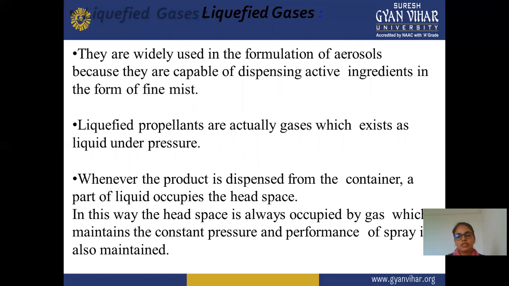Due to this fine mist form, it can easily show its effect. Liquefied propellants are actually gases which exist as a liquid under pressure. Means these liquefied gases are gaseous in nature, but they exist as a liquid under pressure.